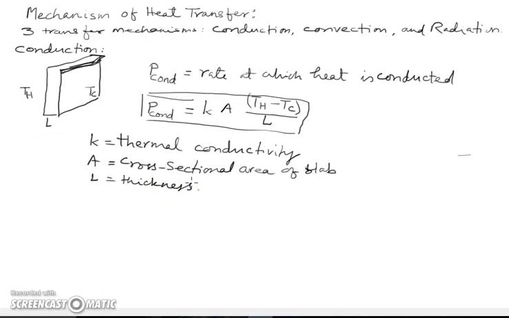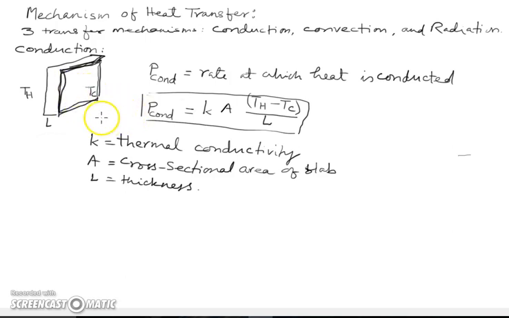And if we look at this relationship, P conduction is proportional to the area. So this is the cross-sectional area.